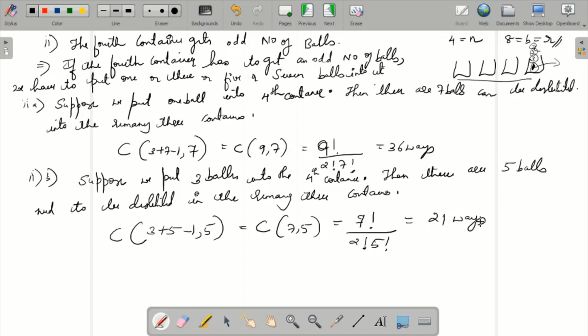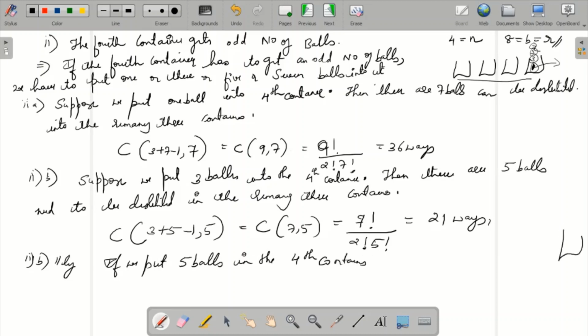So this results in 21 ways. Similarly, if we put 5 balls in the fourth container, what would it be? The remaining is 3 balls, and those 3 balls should be distributed in the 3 other containers, because if I put them in the same container, it might be even.